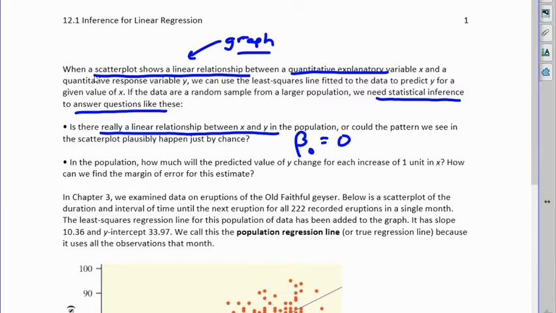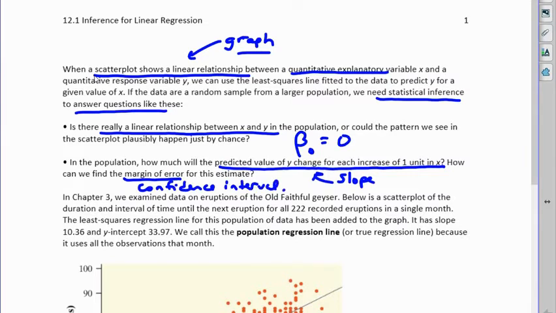And in a population, how much will this predicted value of y change for every increase of x units? That's our slope. And so we want to think about that margin of error, and that's our confidence intervals. Okay, so we're going to be looking at those things today.